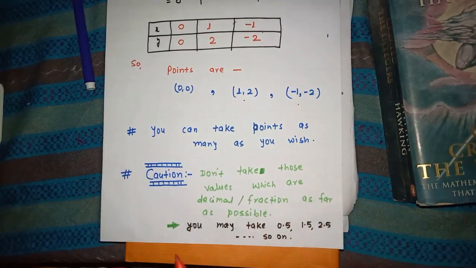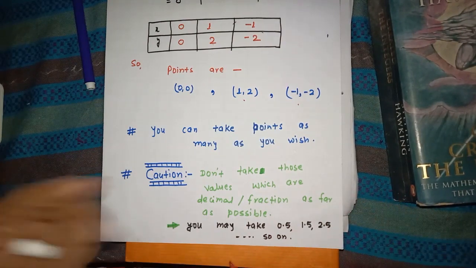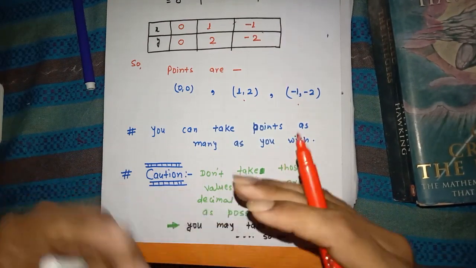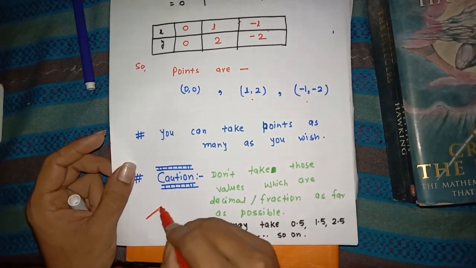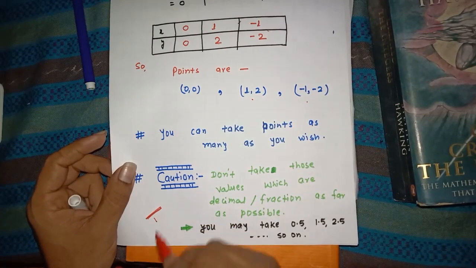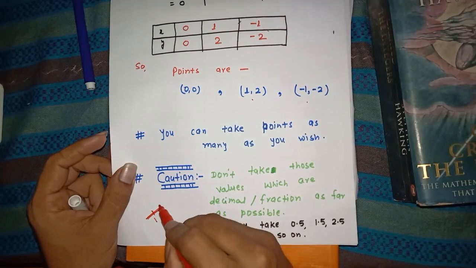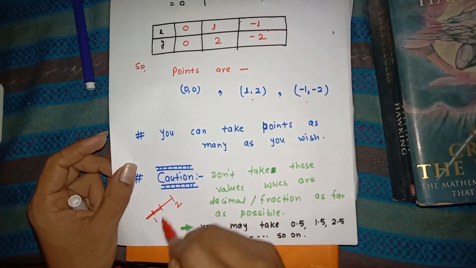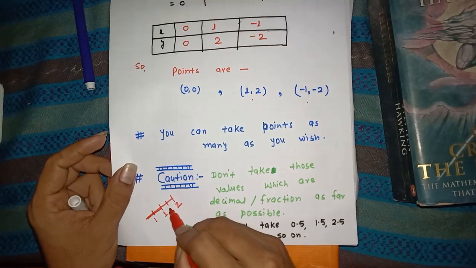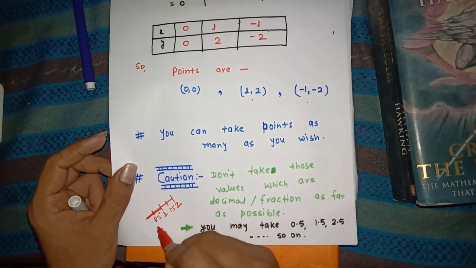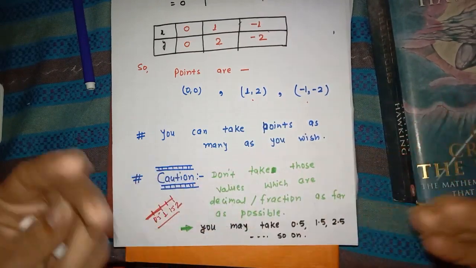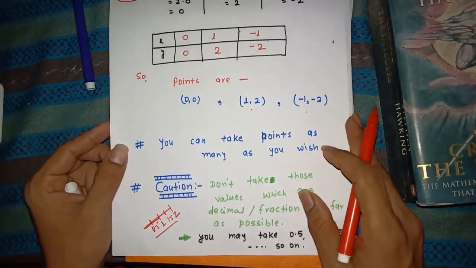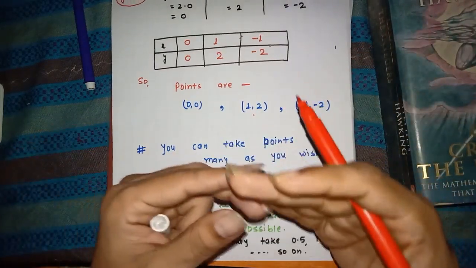Sometimes you can take multiples of half, for example 0.5, 1.5, -1.5, -2.5, because if one segment measures one unit, the half of this segment measures 0.5 unit. In the same way, if this is 2 and this is 2, then this is 1.5 and this is 0.5.